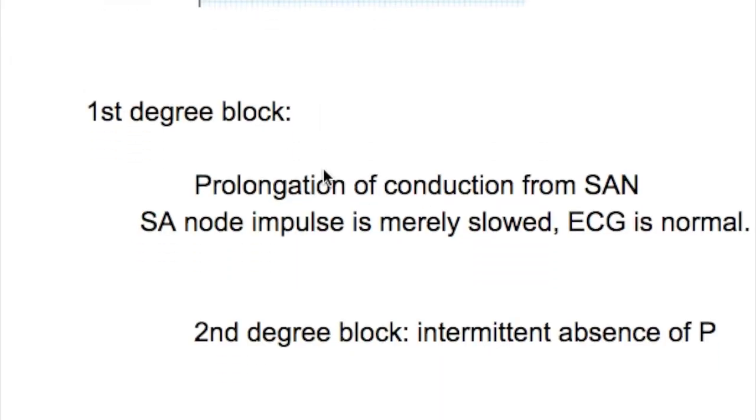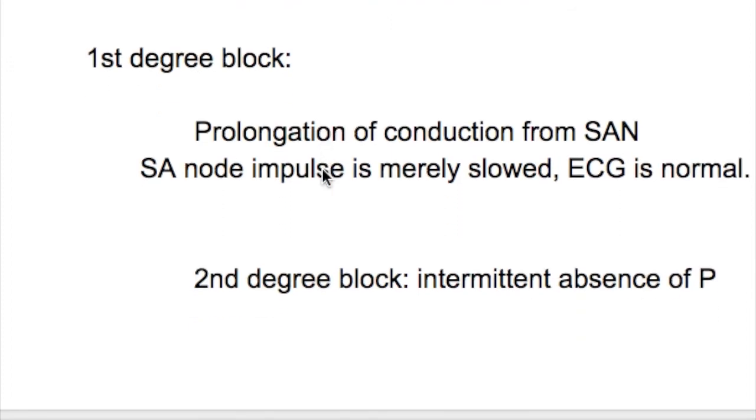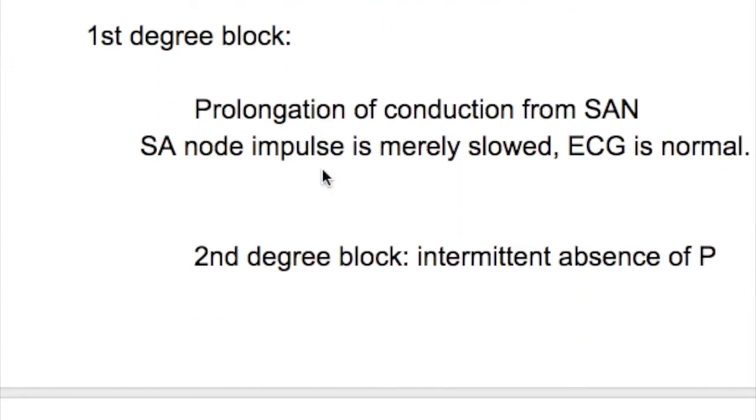Then the SA node exit blocks. In the first degree exit block, there is prolongation of conduction from the SA node. The SA node impulse is merely slowed, but the ECG is normal in that case.